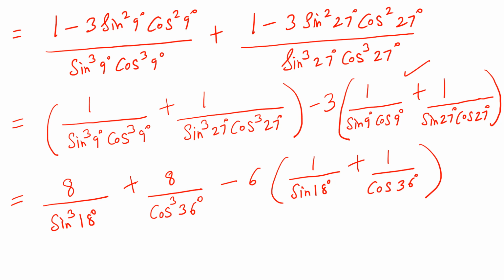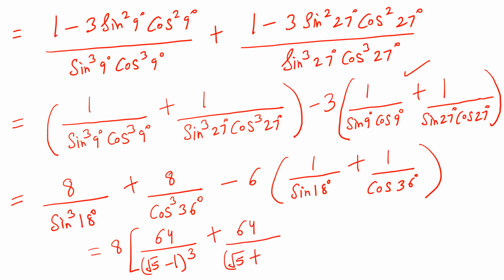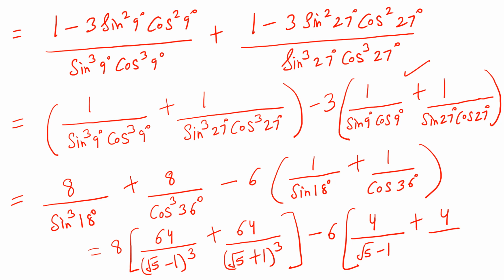Right? Now students, this expression further becomes equal to 8, I have taken out common, and inside the bracket it becomes 64 divided upon (root 5 minus 1) whole cube plus 64 divided upon (root 5 plus 1) whole cube, minus 6 into, inside the bracket, 4 upon root 5 minus 1 plus 4 upon root 5 plus 1.